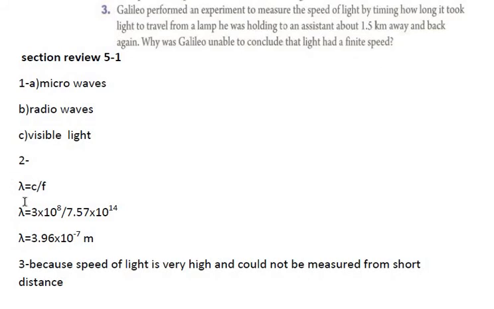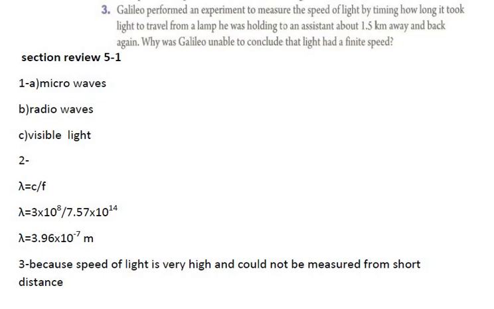You can use this rule to find lambda: lambda is equal to c over f, where c is the speed of light and f is the frequency. The speed of light is constant, 3 times 10 to the power 8, divided by 7.57 times 10 to the power 14. You get the result 3.96 times 10 to the power minus 7.